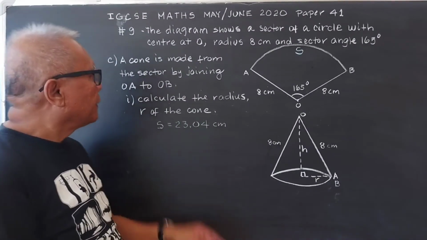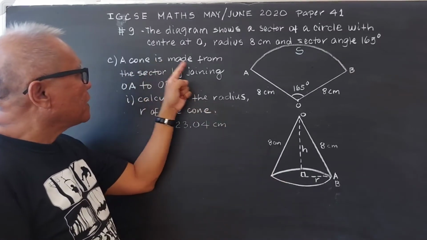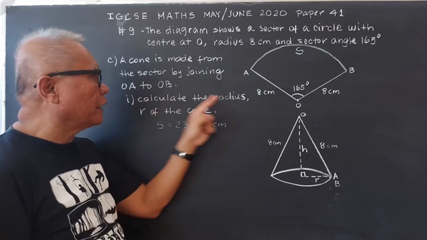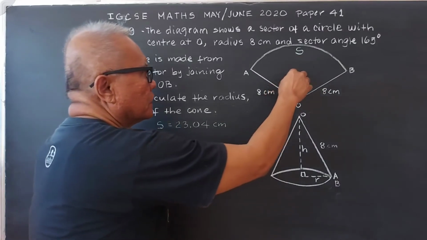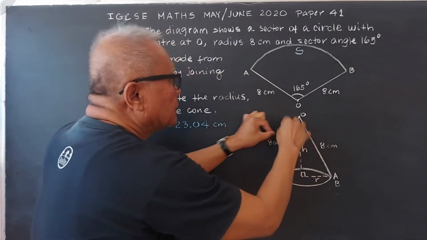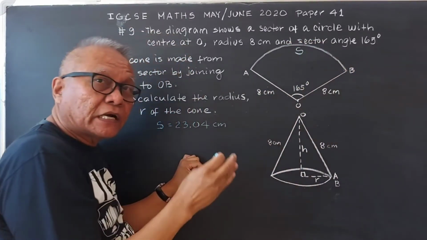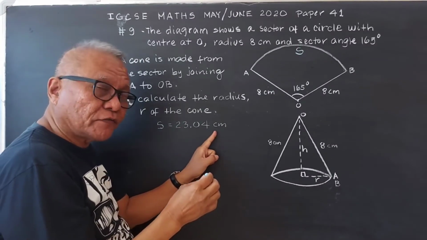Letter C, we have a cone. This is our cone, which is made from this sector by joining OA and OB. So our sector like that, and this portion here, class, which is the subtended arc, which we have solved earlier, is 23.04.